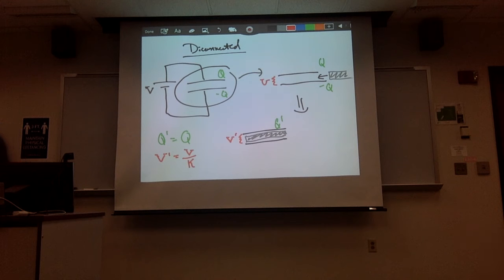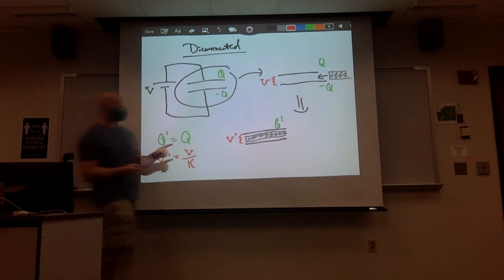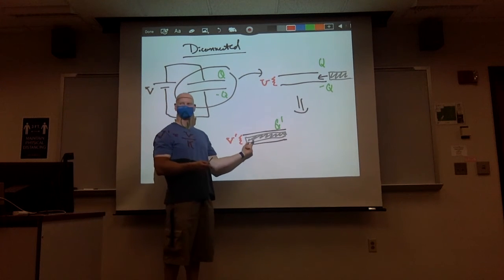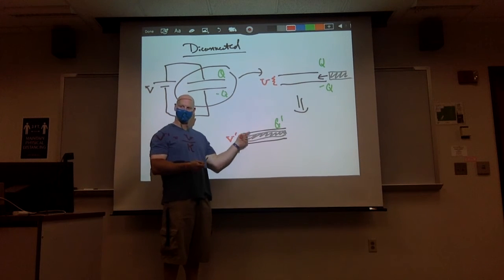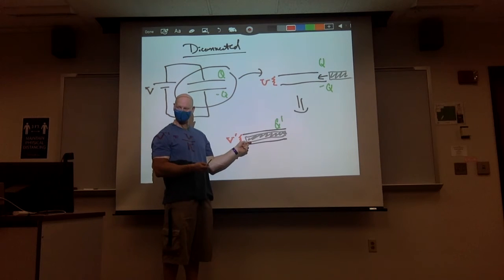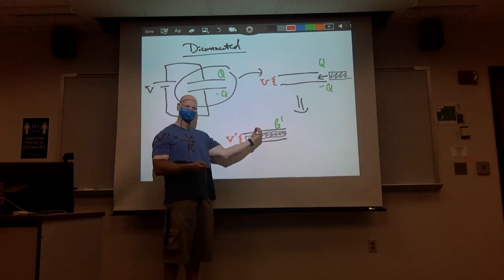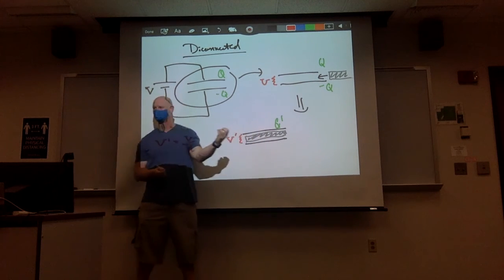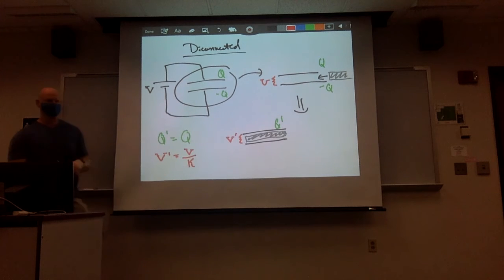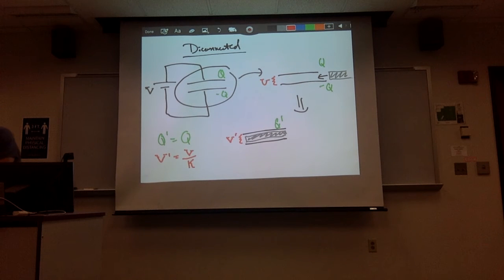It has actually decreased. The reason the potential difference has decreased is that I'm getting polarization on the inside, which means I'm creating an electric field on the inside opposite to the direction of the original electric field, which means the total electric field has decreased. If the total electric field has decreased, that means the potential has decreased as well. Which means also the electric field magnitude has decreased by an amount of the dielectric constant.